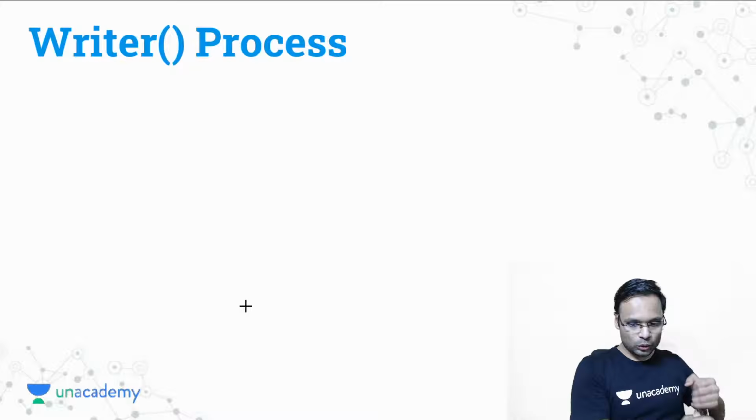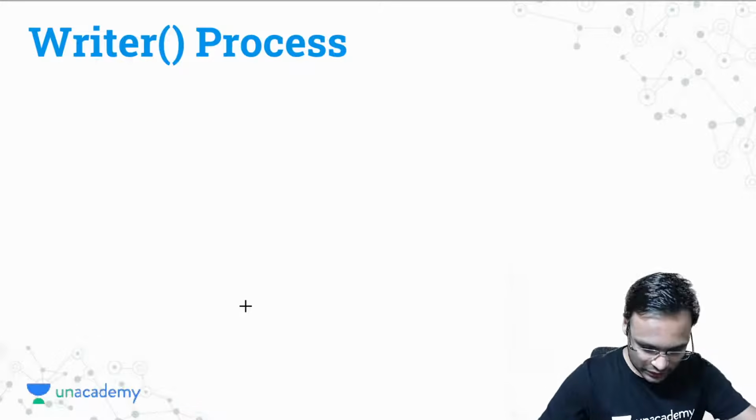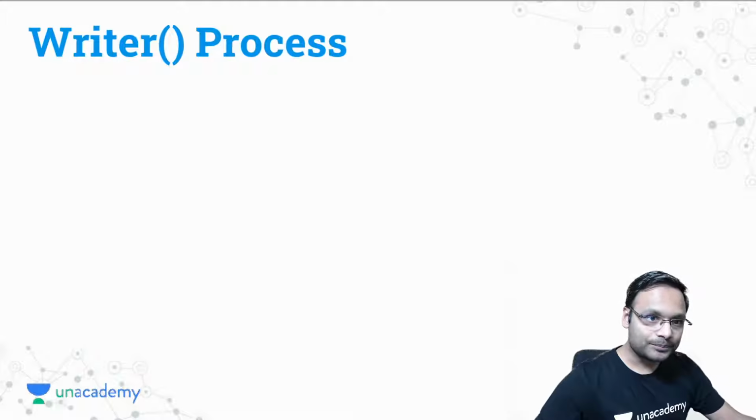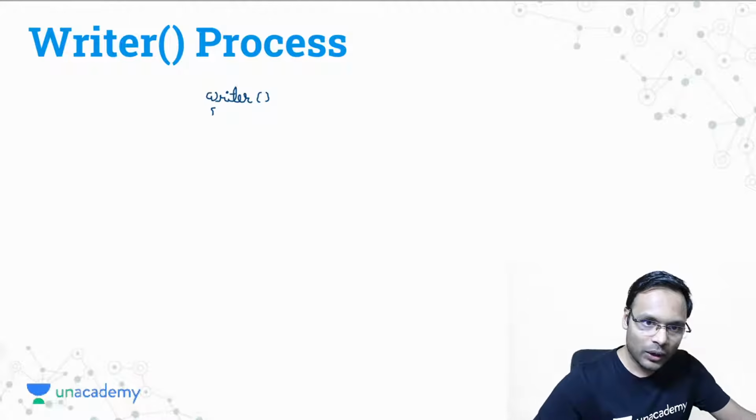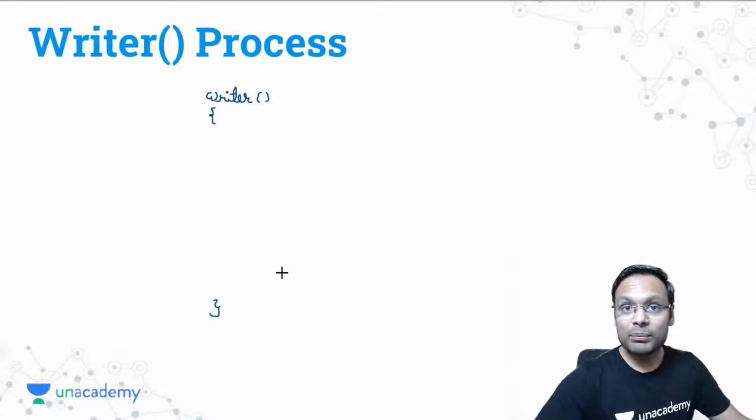चलिए तो स्टार्ट करते हैं. Let's go ahead. And the writer process will try to take the lock over WRT. Why? Just because if the writer process is going ahead, no person can write.